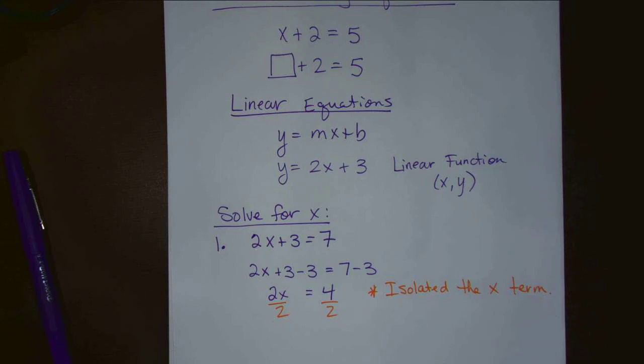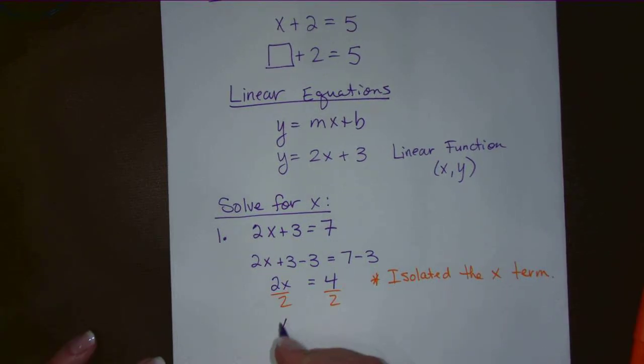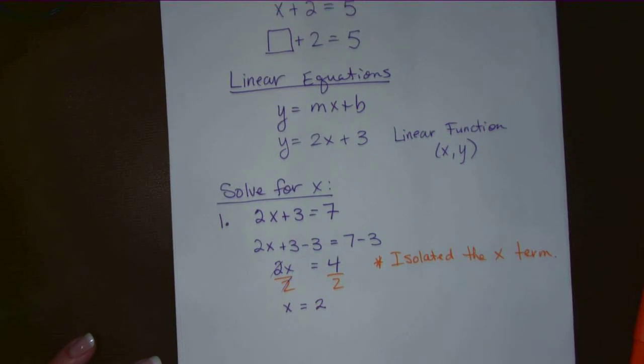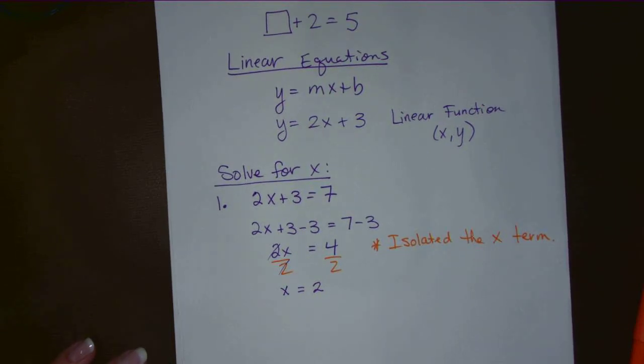And the word to tell you to do that is isolate. So when we do trig later, I'll say isolate the sine x. That means get the sine x on one side by itself, everything else on the other side. Okay, so that's the term for that. And then the 2's here, 2 over 2 cancels, and we get 4 over 2, which is 2. Okay, so that's just easy.